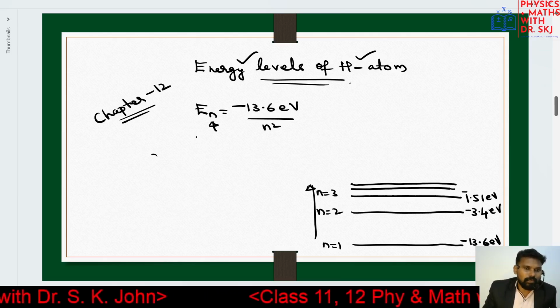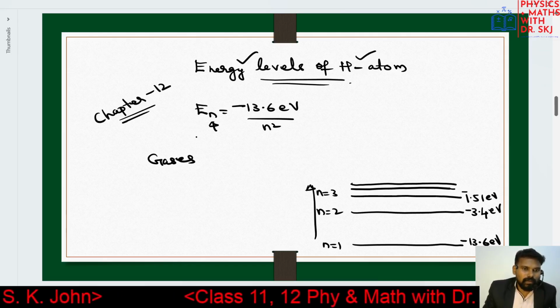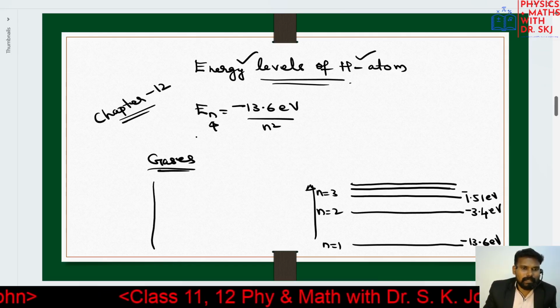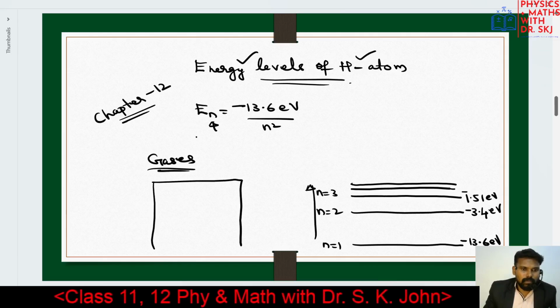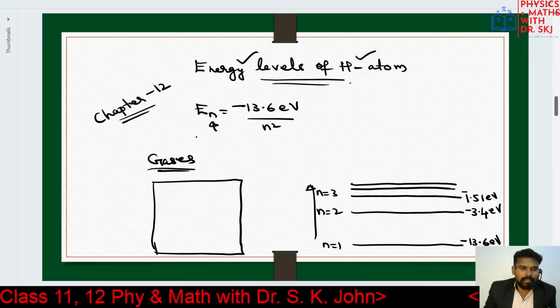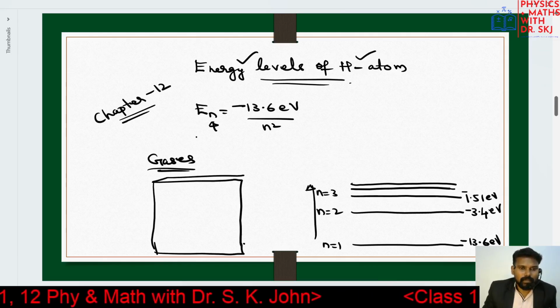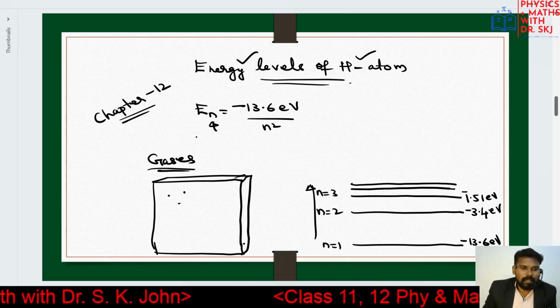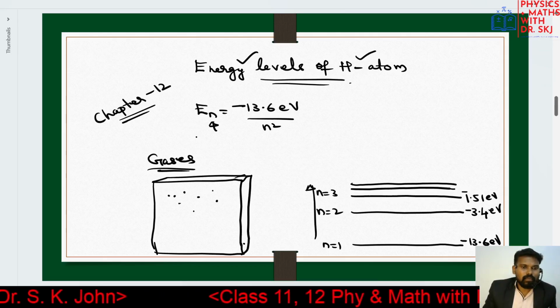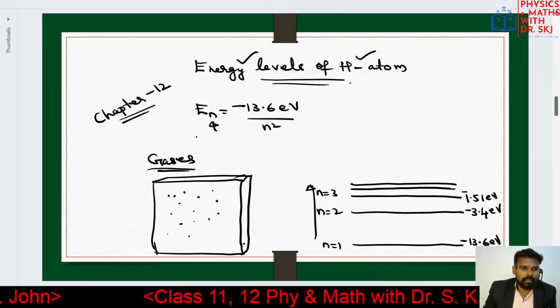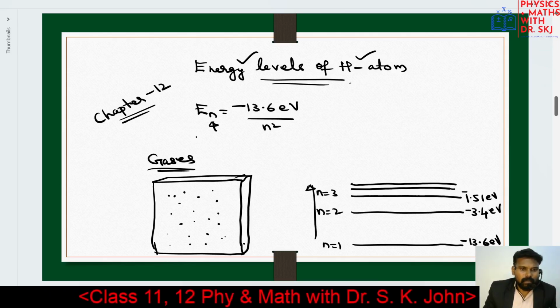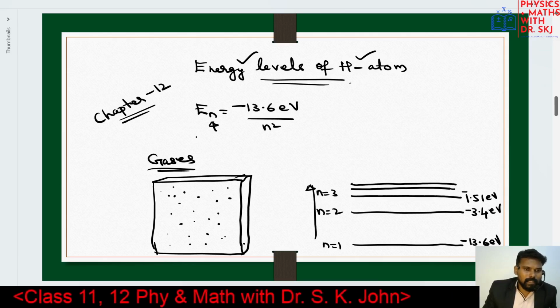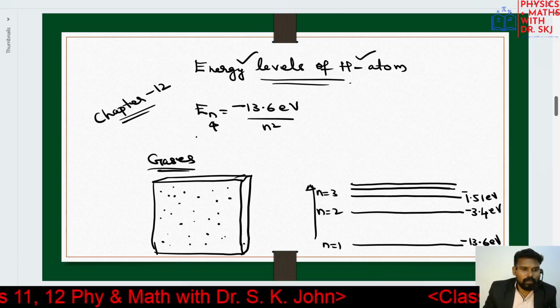For gases also, when we take gas in a container, you have studied the kinetic theory of gases in class 11, the 13th chapter. When you take gas in a container, the molecules are very far apart. There is plenty of space between the molecules.